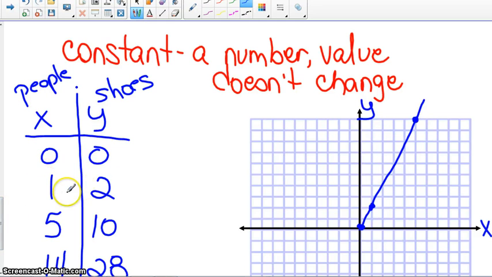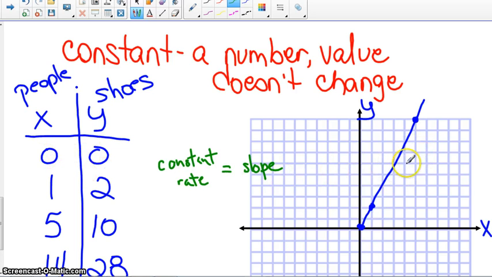Now, what is that rate? Well, that constant rate is the same thing as the slope. So we can have a numerical representation by doing these charts.